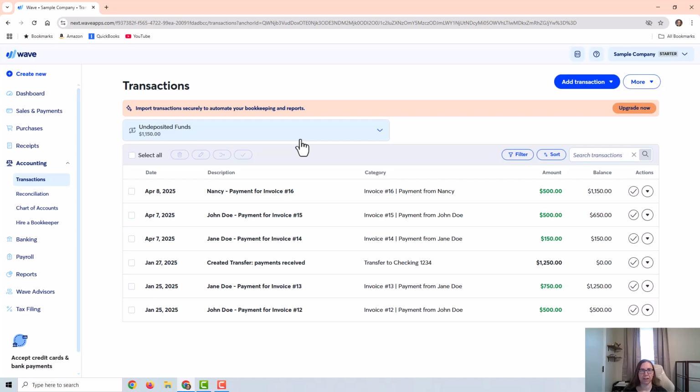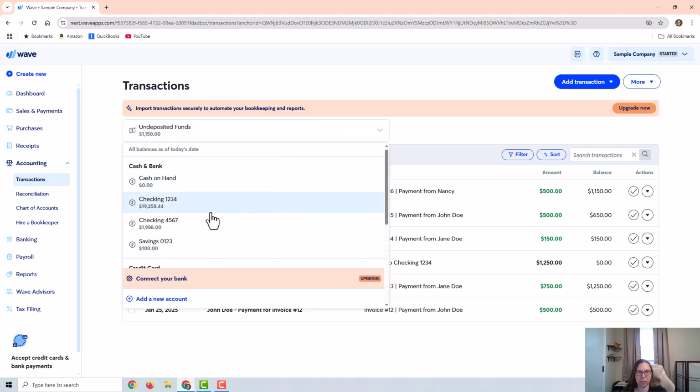So it could be cash, it could be checks, whatever the case may be. This is simply money being held. So in a way, this money is being held in the PayPal account. And then when you transfer the funds to your checking account, more than likely, you would have some processing fees deducted by PayPal before it lands in your checking account.